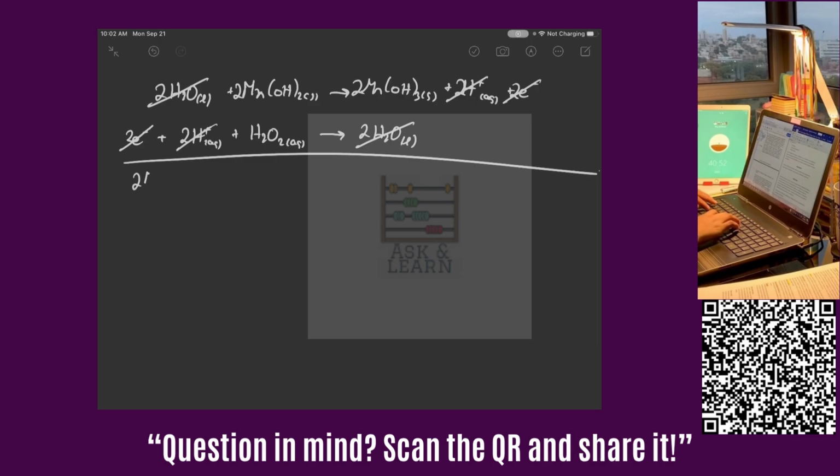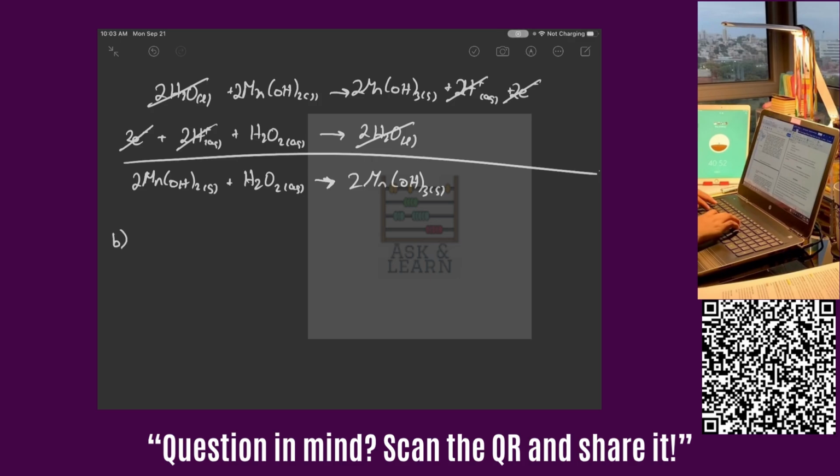Mn(OH)2 plus H2O2 to 2Mn(OH)3 solid, and there's my balanced reaction.